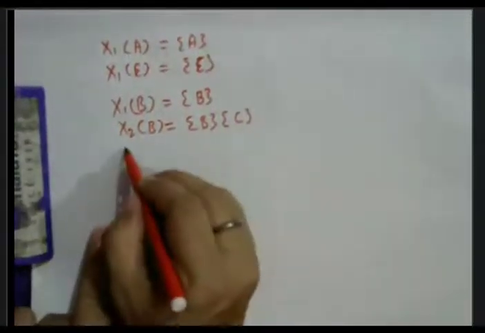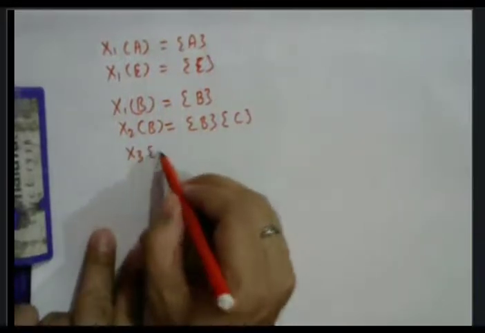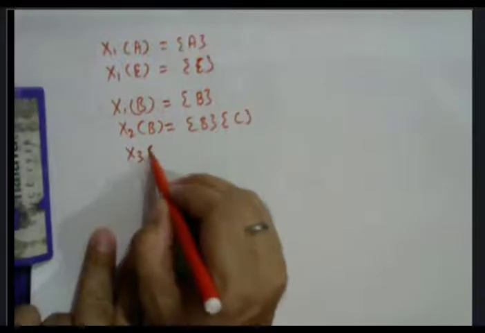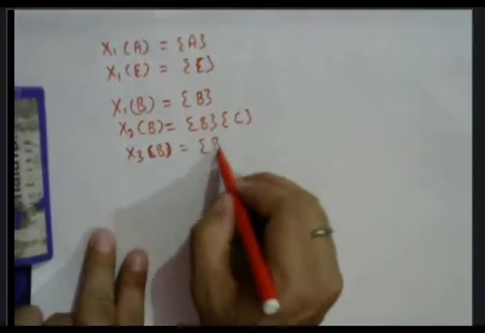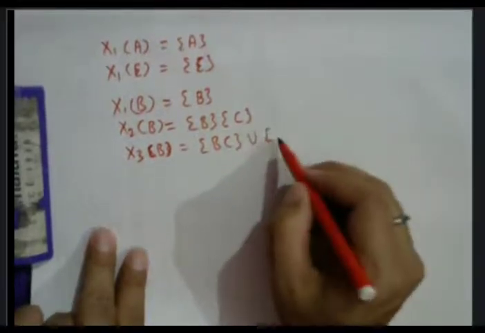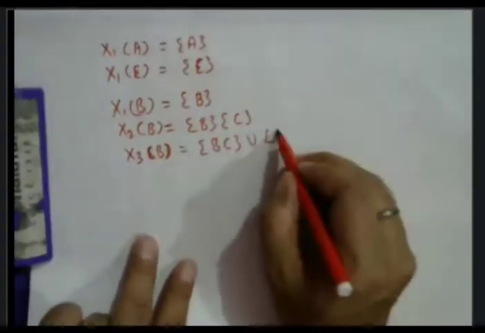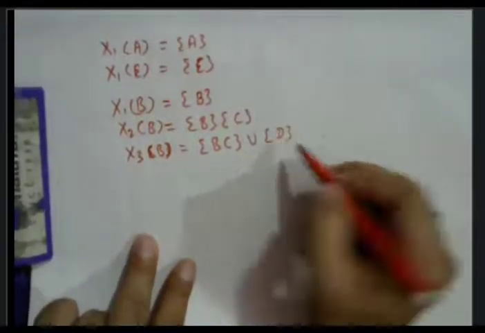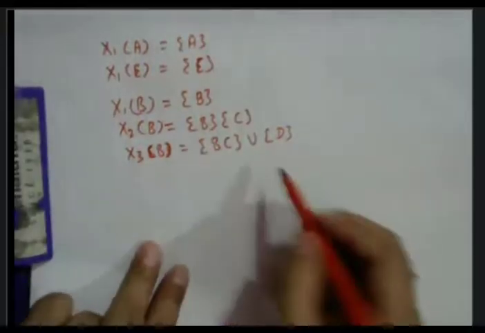Again, if we calculate the value of x3 of B, that is equal to BC union, and since C can derive D, that gives D, and D is in the variable set.